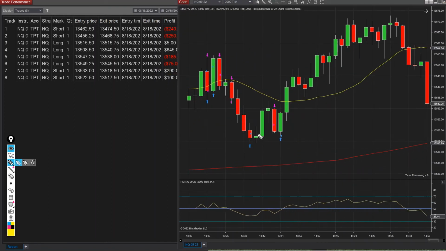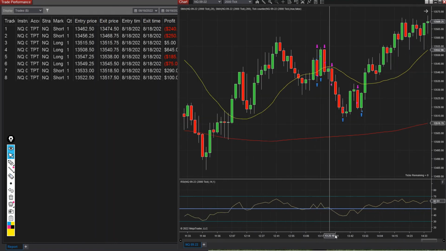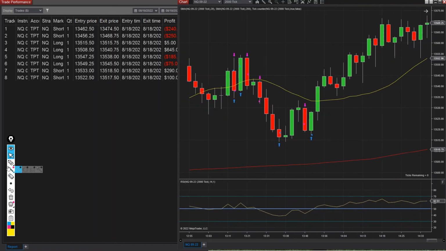I got a quick scalp right here and got out right there, $100. But yeah, the reason why I took that trade is because I'm following the trend. Even if it's a really tiny trend, this to me is sloping downwards. So I only want to short.